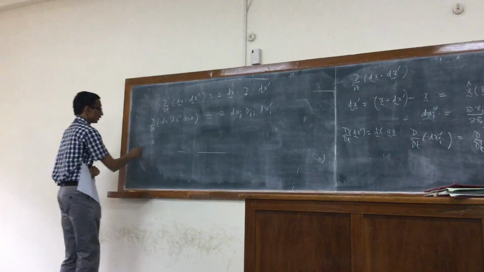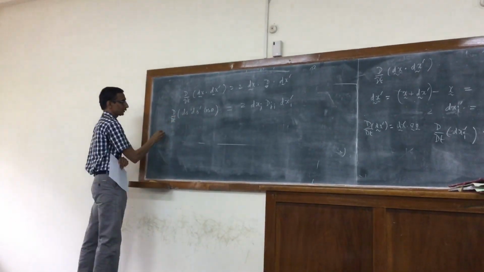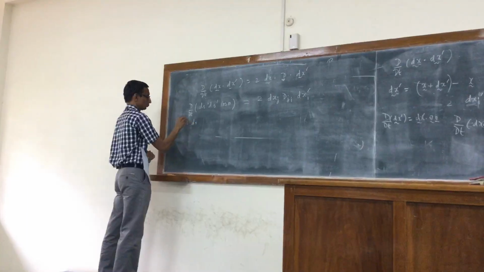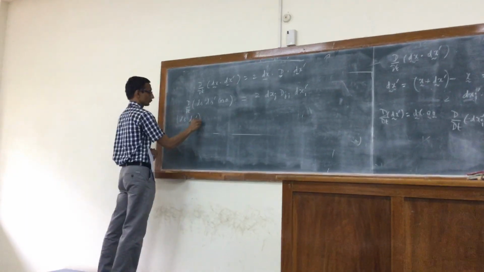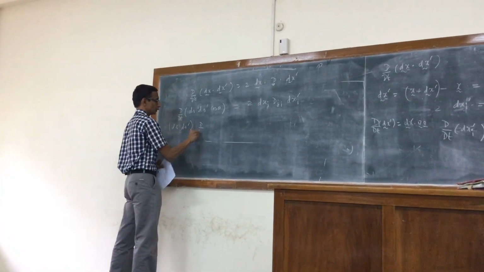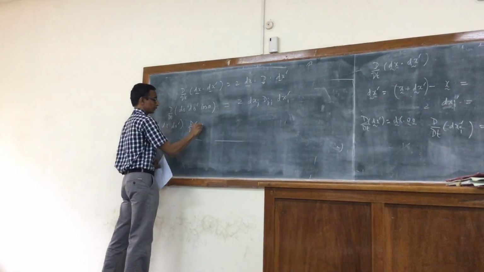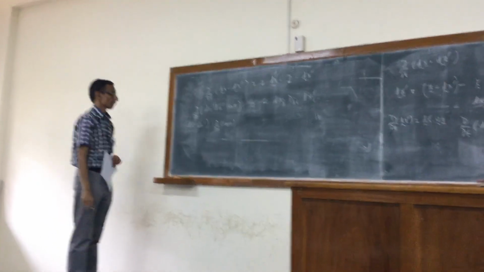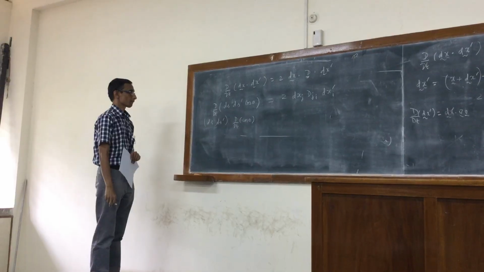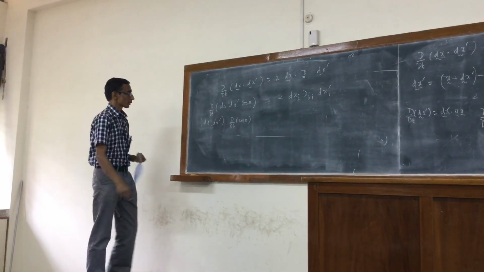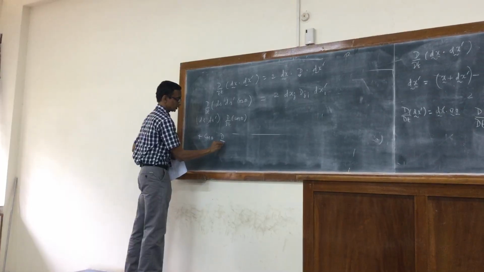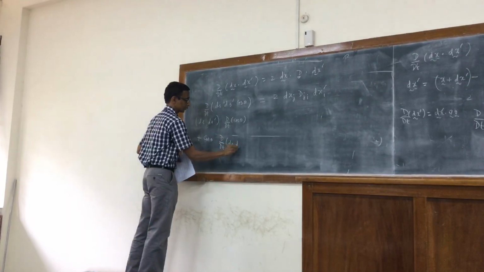So now this can be further simplified. I can write this as ds ds prime times d by dt of cos theta, plus cos theta times d by dt of ds prime.